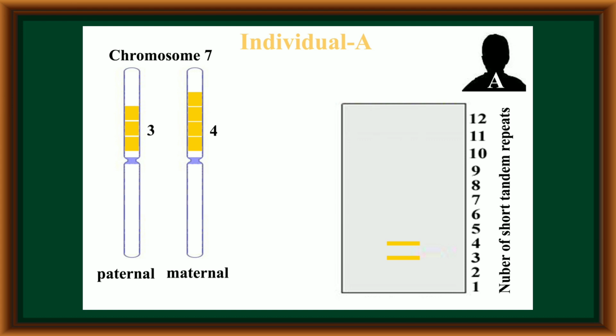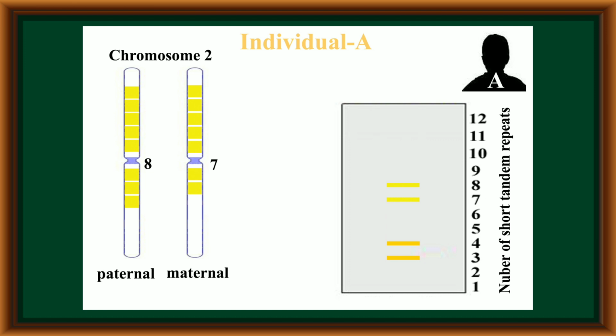In the same way, in the chromosome 2 pair, the paternal chromosome has 8 repeats, so it forms a band opposite to 8 in the autoradiogram. The maternal chromosome has 7 repeats, and it forms a band opposite to 7.